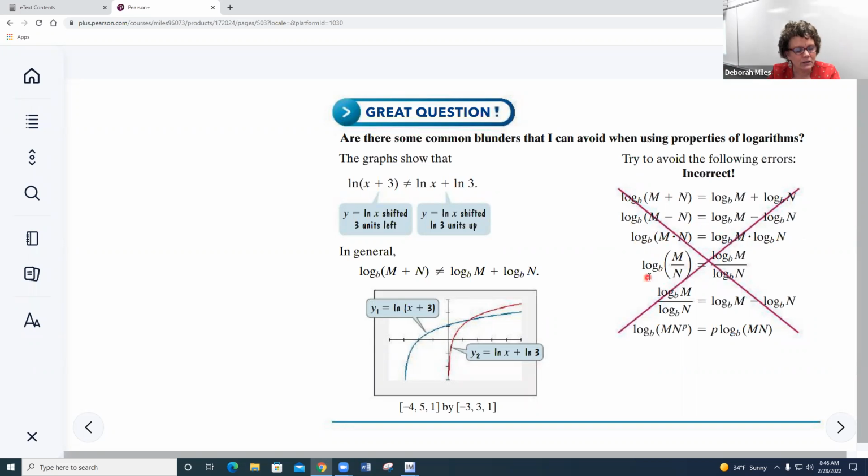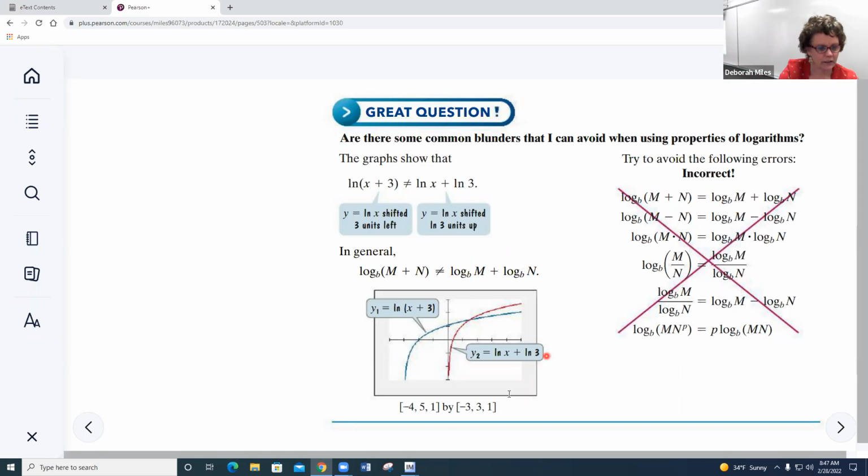Log of a quotient, you can't just take the log of the numerator and the log of the denominator. You have to use the quotient rule. So I think it would be helpful if, before you started tonight's homework, you look at all of these things that are wrong and figure out why they're wrong. Make sure you're avoiding those common mistakes.